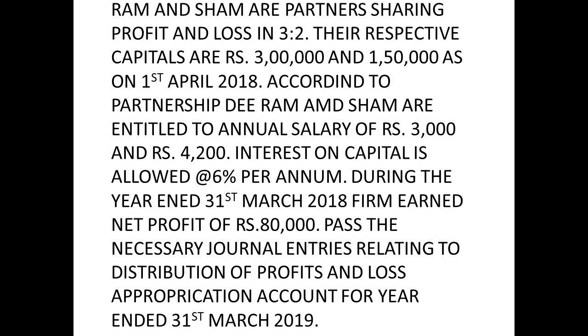According to the deed, both partners are paid an annual salary of rupees 3,000 and rupees 4,200. Along with this, interest on capital is also given in the question at the rate of 6% per annum. Last year, the net profit of the company was rupees 80,000.